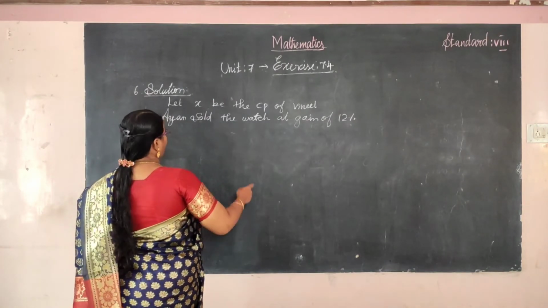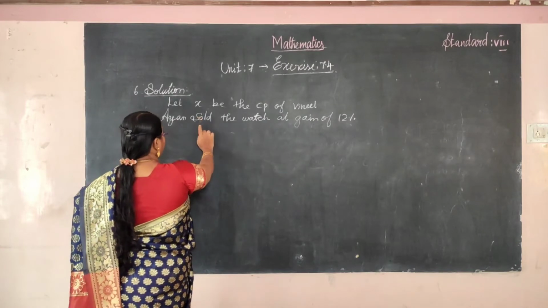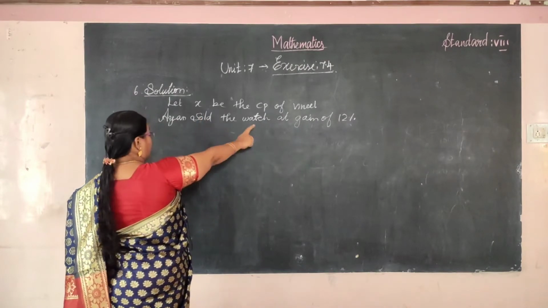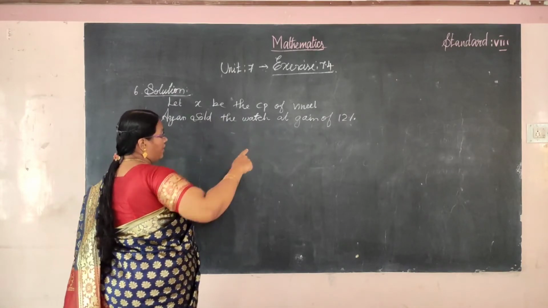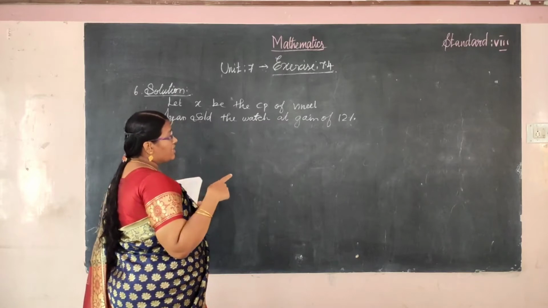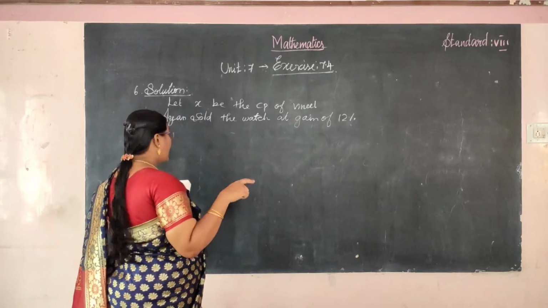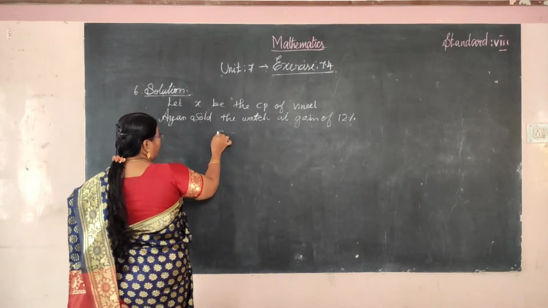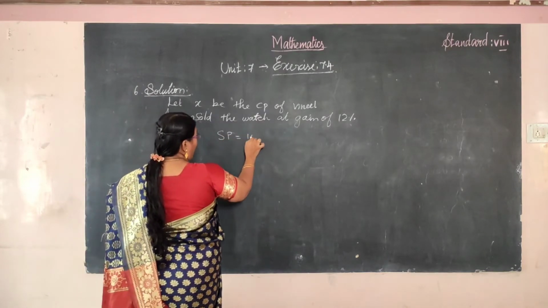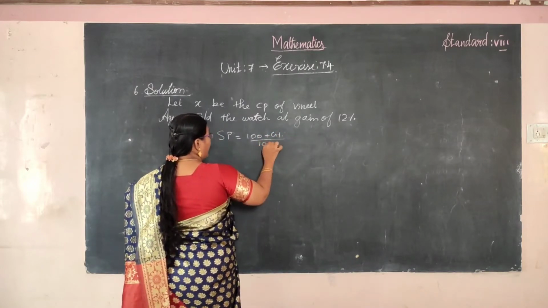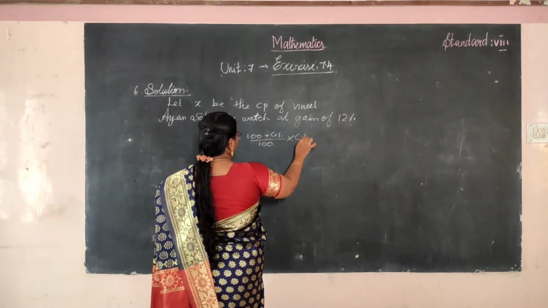Now we know the data: the selling price we don't know, but the gain percentage we know. So we use the formula SP is equal to (100 plus gain percentage) by 100 into CP.